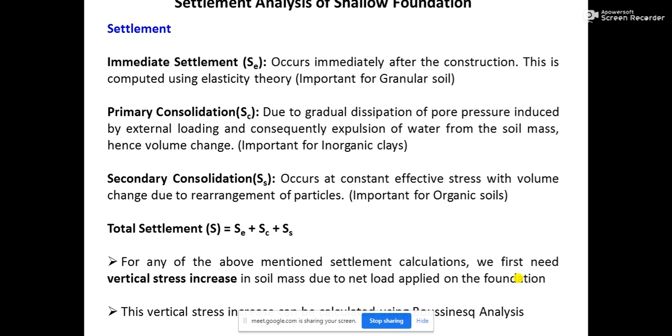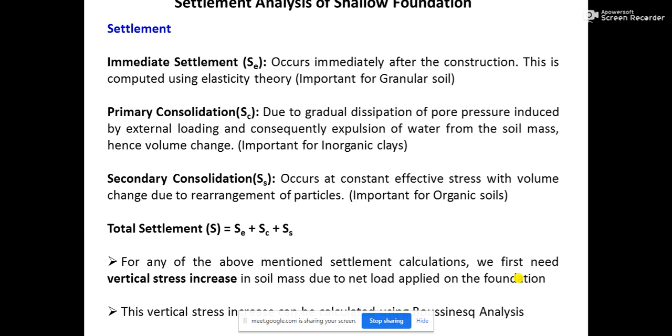We saw this at the very initial stages of our discussion on consolidation settlement, where we understood what is immediate settlement, what is primary consolidation, and what is secondary consolidation. The first one is immediate settlement, which occurs immediately after the construction, when the soil is granular in nature.